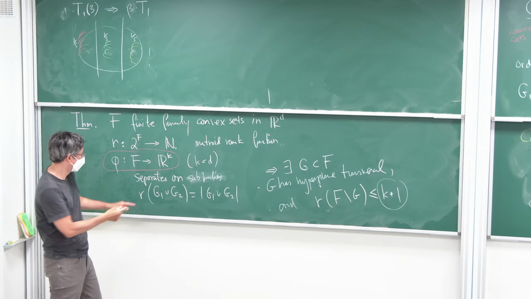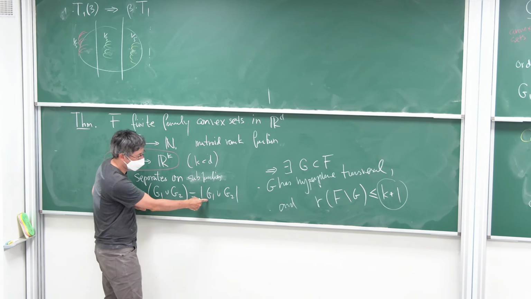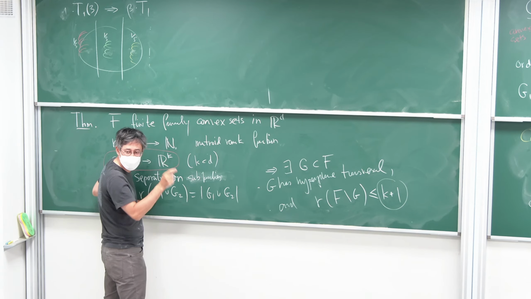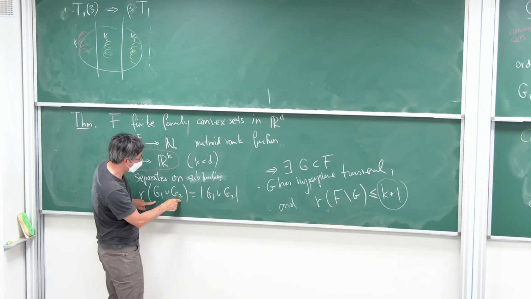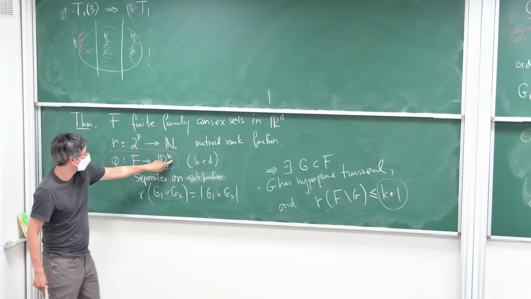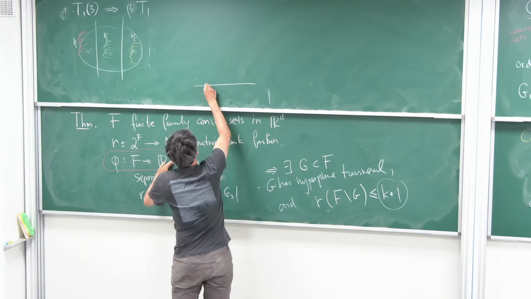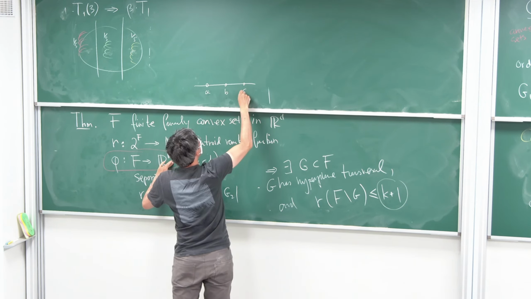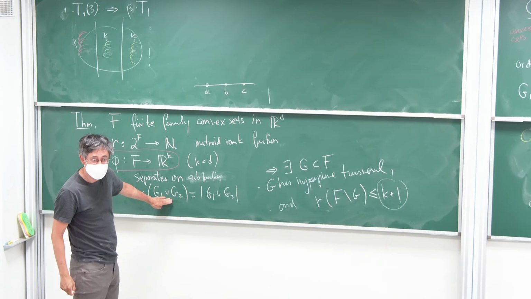So whenever I take subfamilies of distinct colors, that means that it's an independent set, right? So one set of each color is an independent set. So take 3 sets, and I look at those 3 sets, how do they map to R1? So let's say sets A, B, and C. This condition guarantees that they are distinct colors.